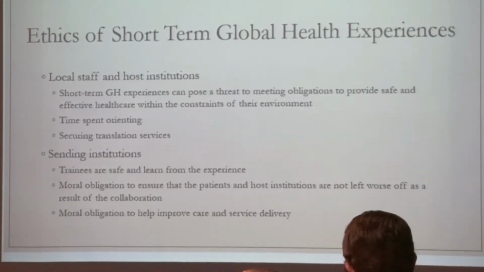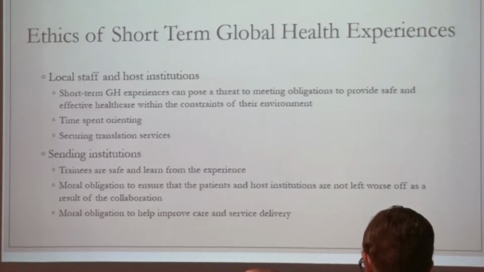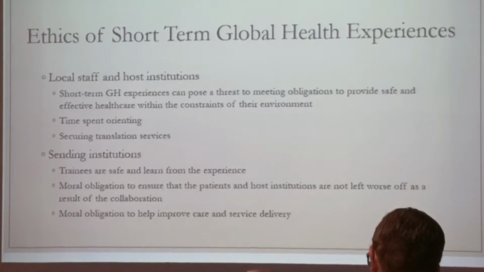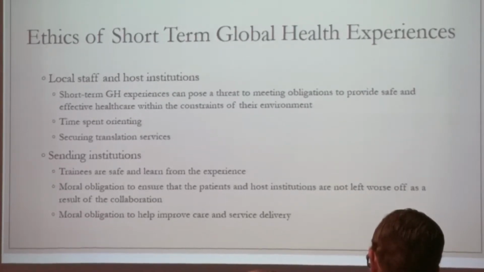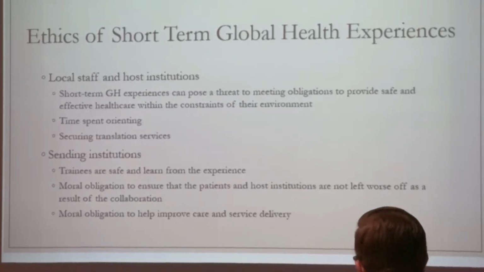And it may cause people at the host institution to start to doubt the seriousness of your commitment to being there. Sending institutions really have to ensure that trainees are safe and that they learn from experiences that they get in global health. But they also benefit from global health experiences. So they get more recruitment from having a global health experience that residents or medical students can go on.